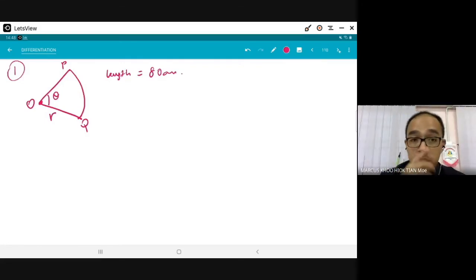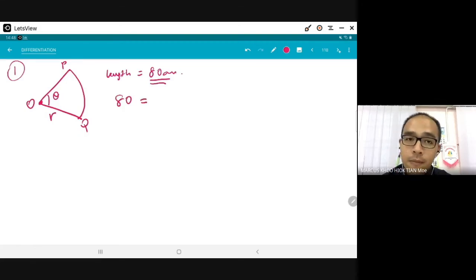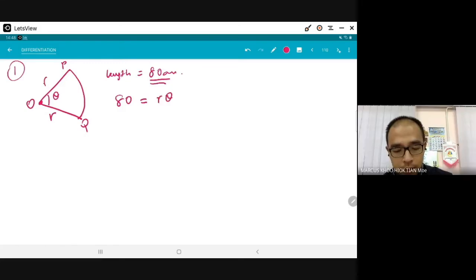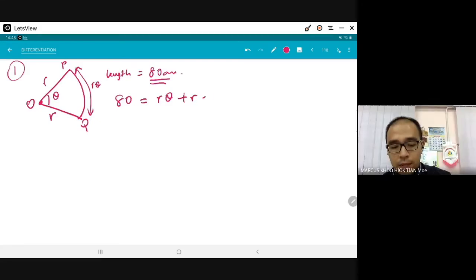What can I do with this length? 80 equals what? Not r theta for the whole thing. r theta is just here, the arc. Plus r plus r. Let's simplify this: 80 equals to 2r plus r theta.